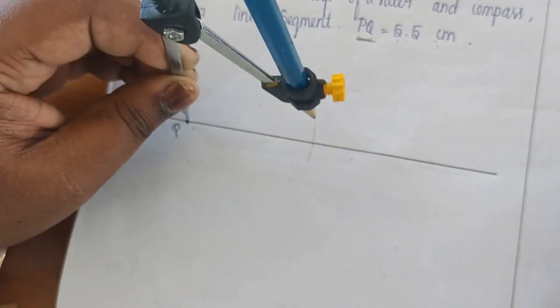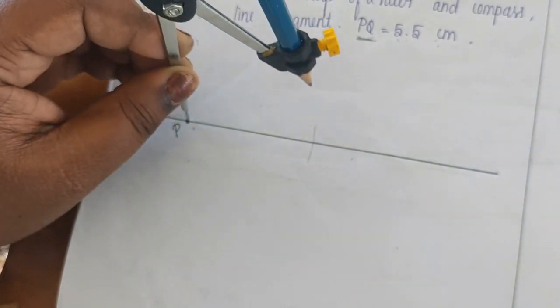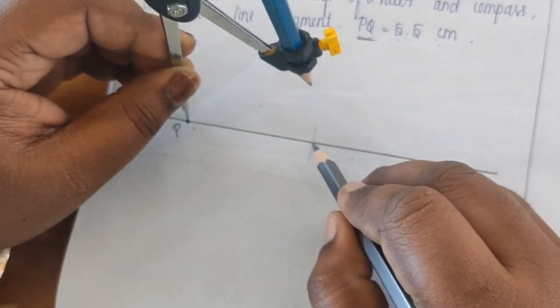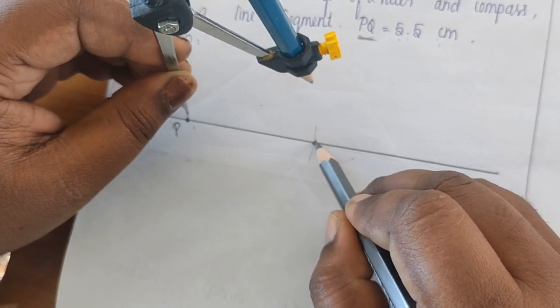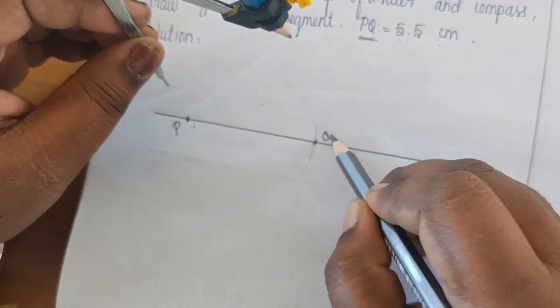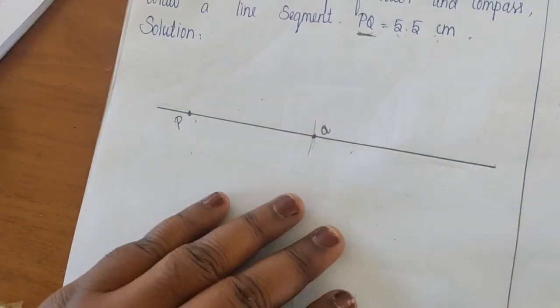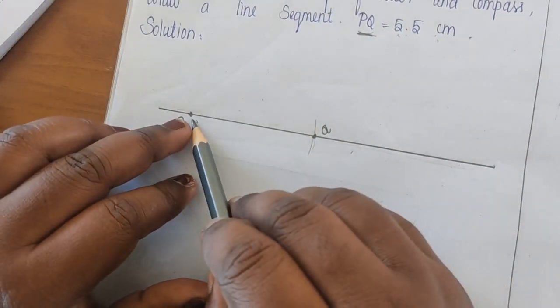This arc meets the line. This point is called Q.